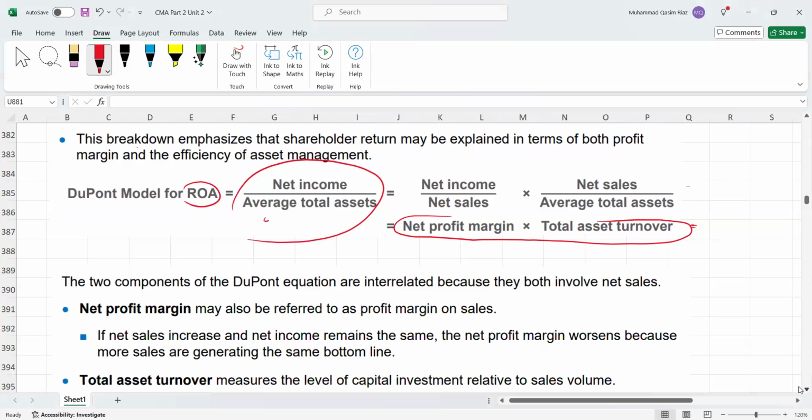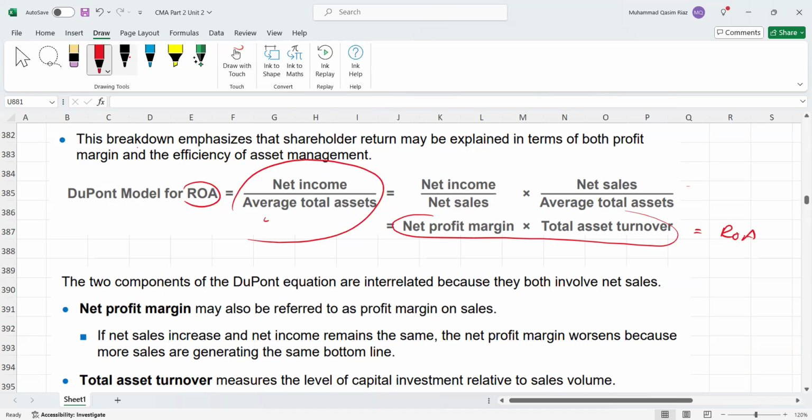Please, guys, as I told you, under the DuPont model, return on asset equals net profit margin multiplied by total asset turnover. So this will give you return on asset. Now please remember here, guys, because sometimes the question will be theoretical.